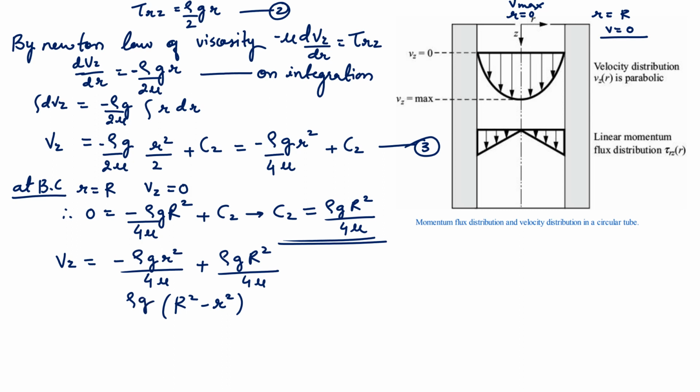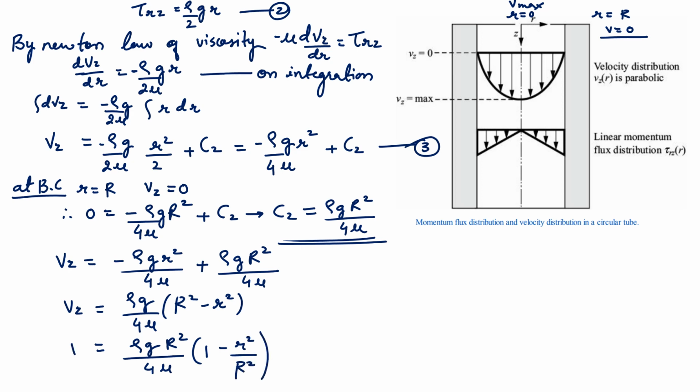This is my Vz. Now taking R square out, I get 1 minus r square upon capital R square.